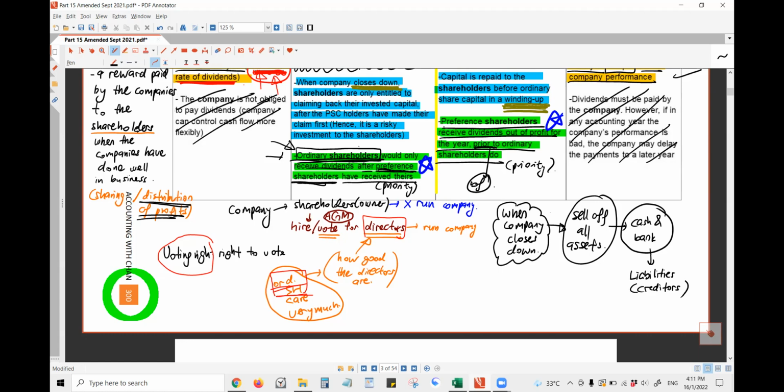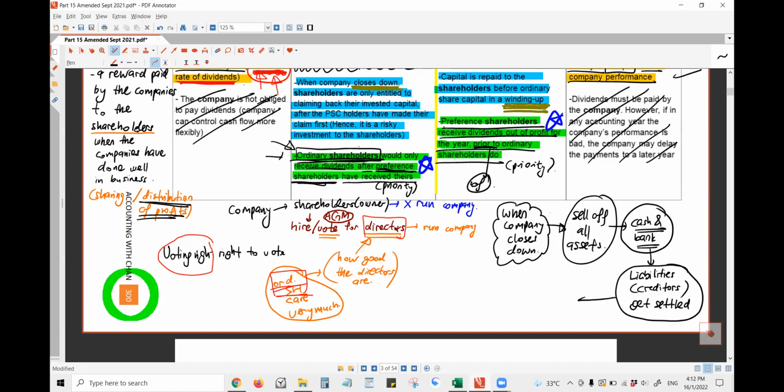We always owe money to the creditors. So liabilities get settled. Once you have gotten all the money, you have to settle all the liabilities. Settle means you pay off. Pay off all the liabilities.